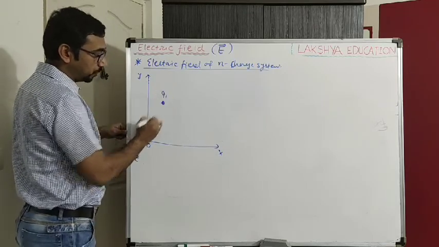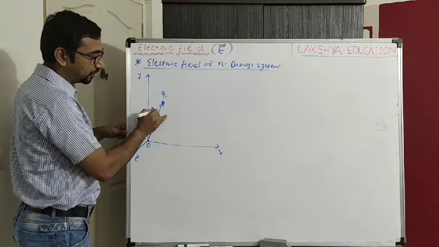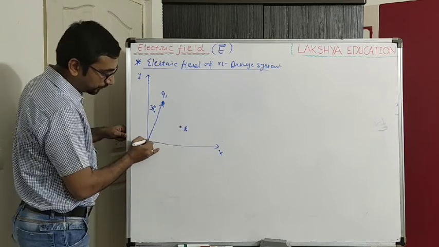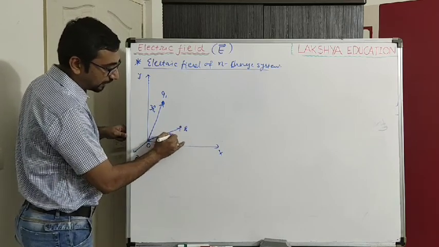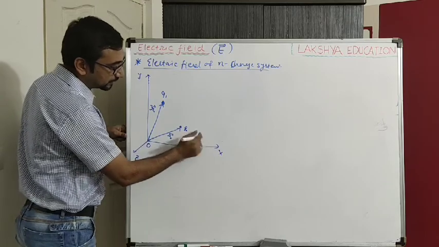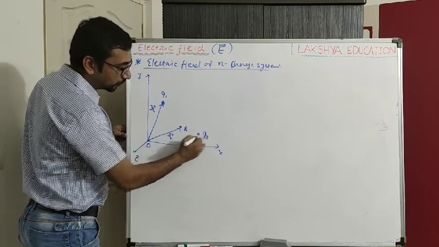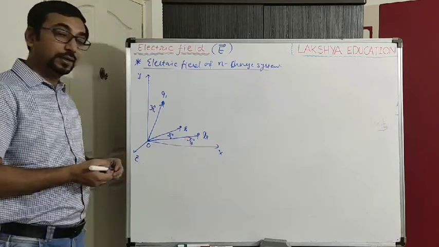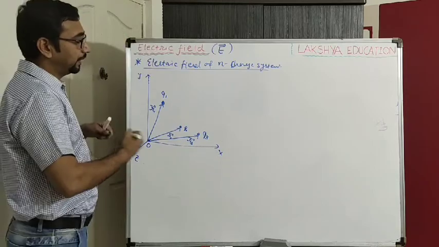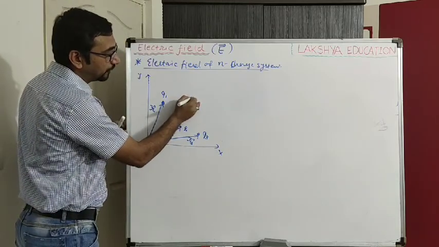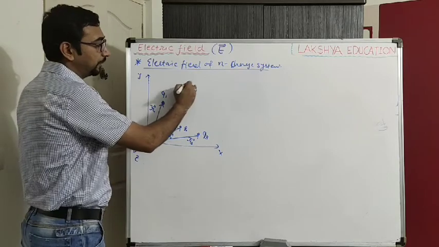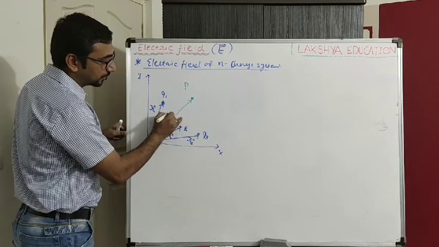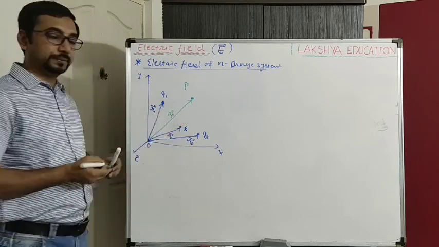The first charge q1 has position vector r1, another charge q2 has position vector r2, and suppose the third charge q3 has position vector r3. Now we want to find the electric field at this point P, and we consider its position vector as Rp.